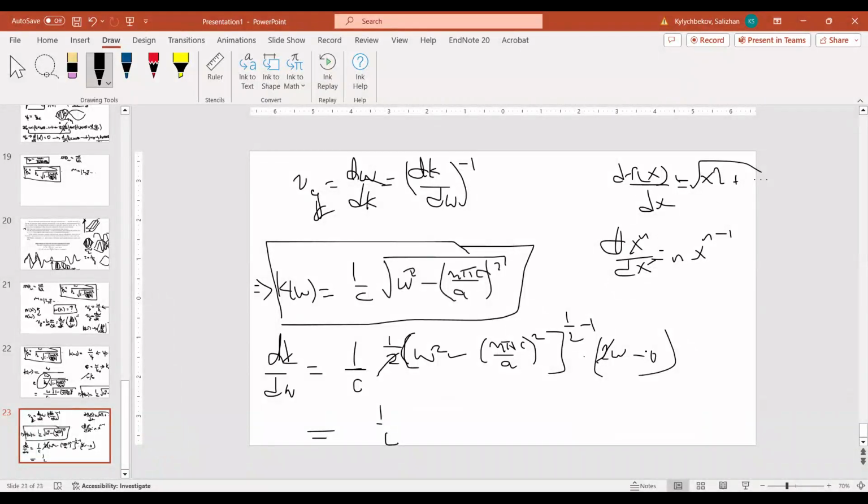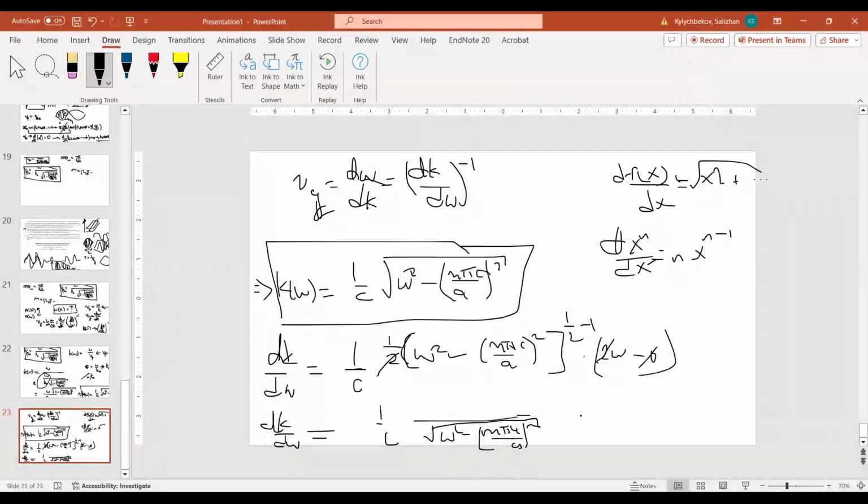The factor stays in front of the square root. Omega squared minus n p c divided by a, squared, square root, negative power. That is equal to dk over d omega.